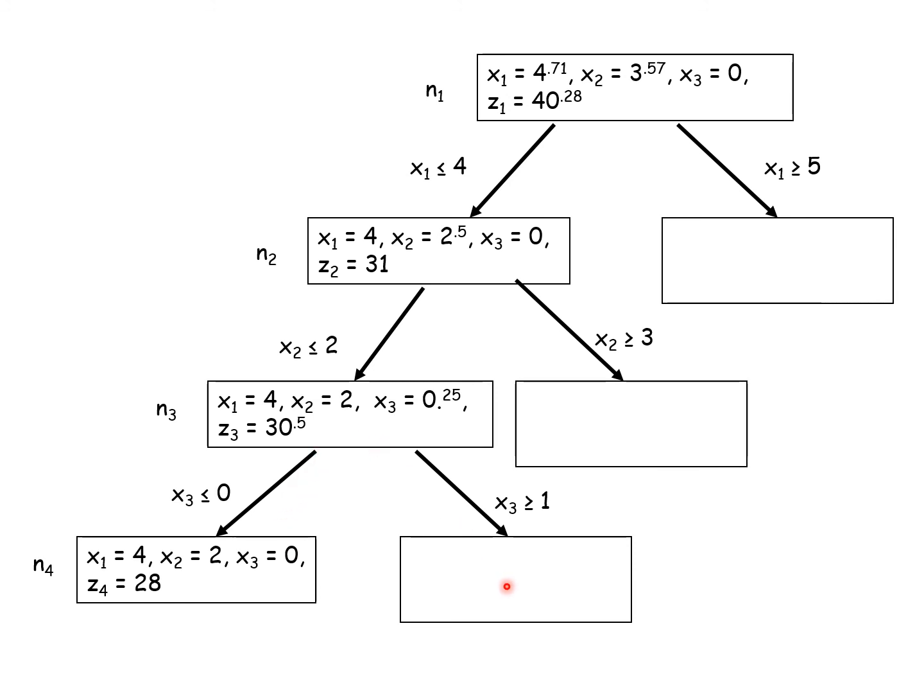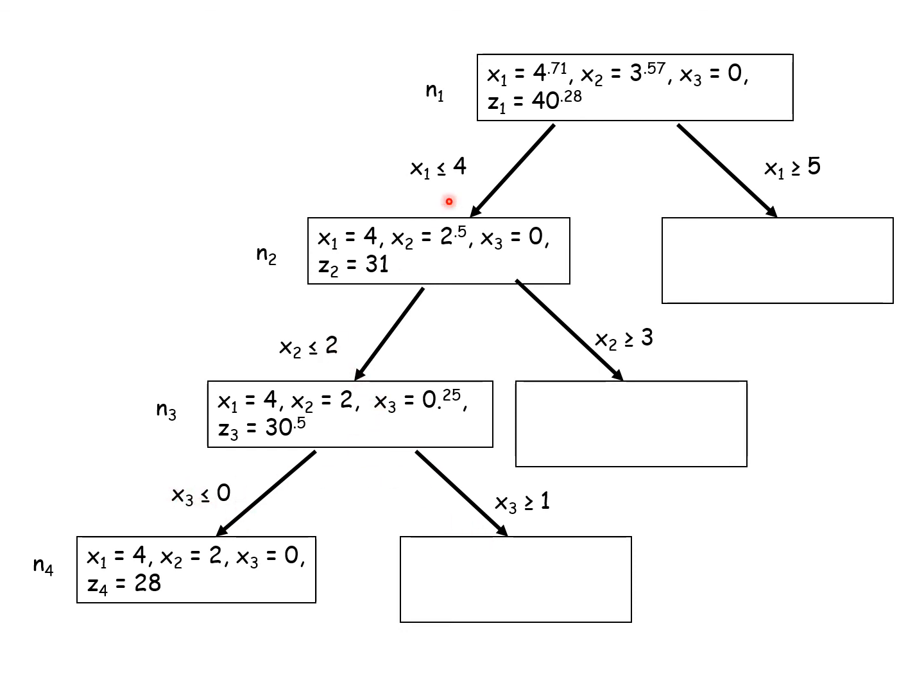Obviously, if there are more branches here, I continue to the left. So I backtrack one level, take the right branch, and then continue to the left. Now I have another problem with x3 larger than 1. So I add a different constraint; this constraint is not existent anymore.